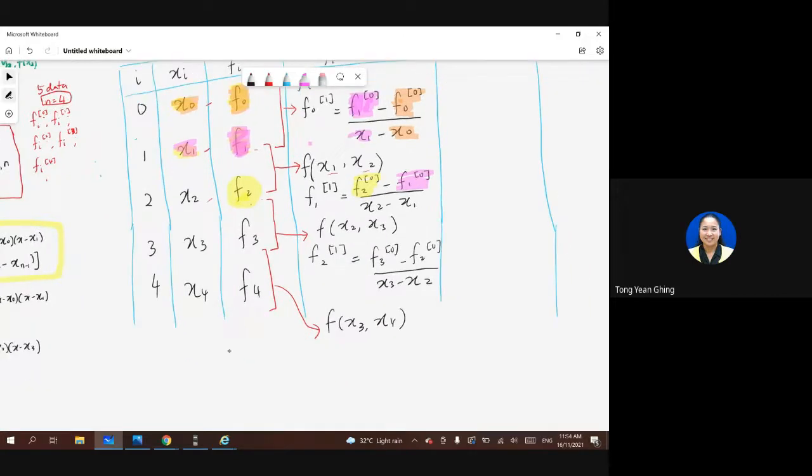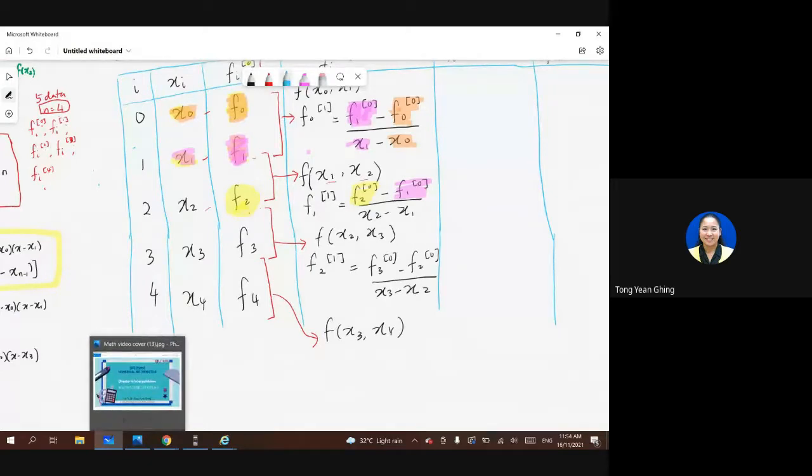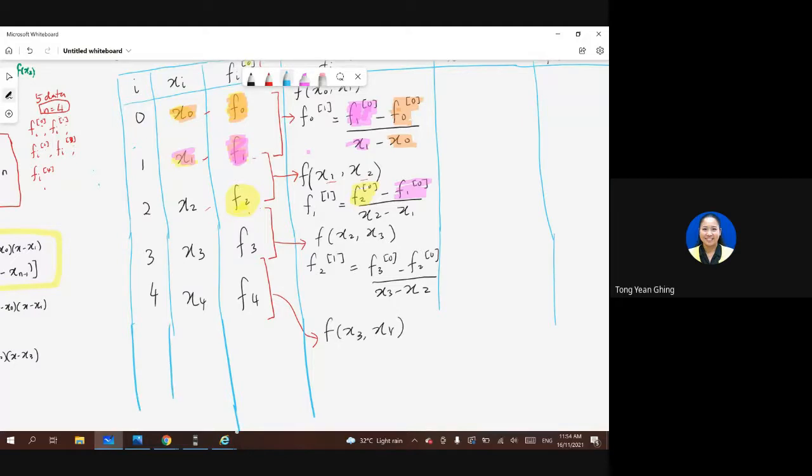So f3 first become f4 0 minus f3 0 divided by x4 minus x3. Sampai sekarang boleh. This is the first degree of divided difference.